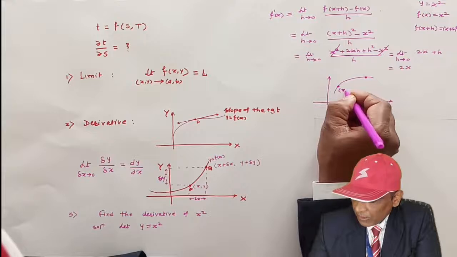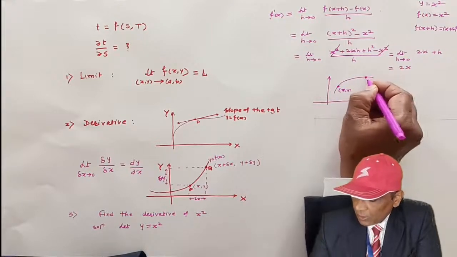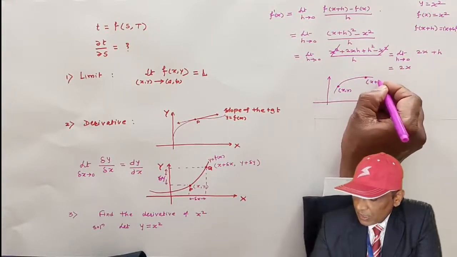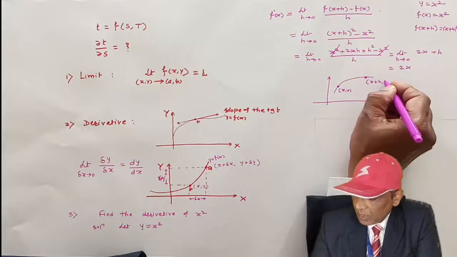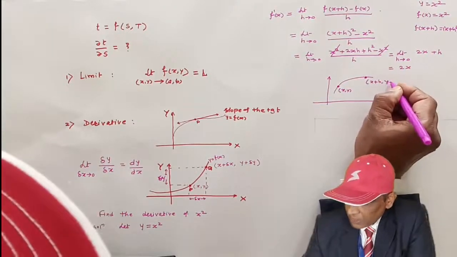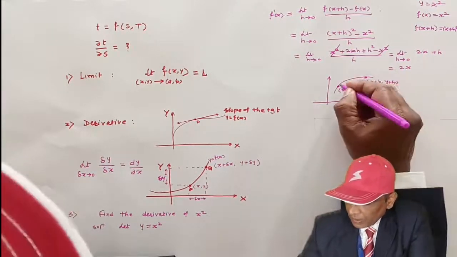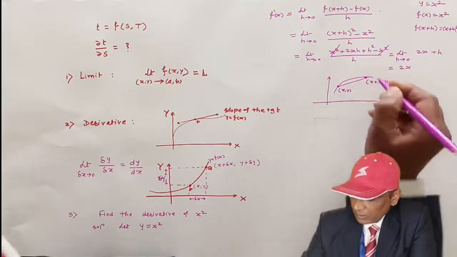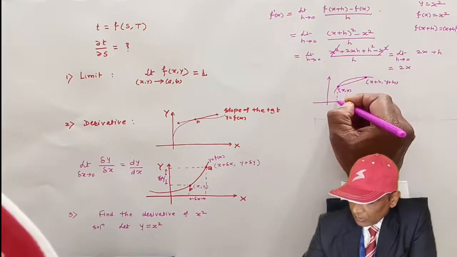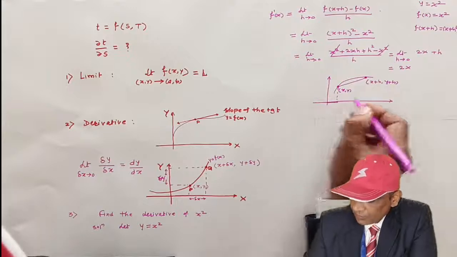This point is x, y. The coordinates of this point are x plus h and y plus h. Okay. Then this much distance is x.